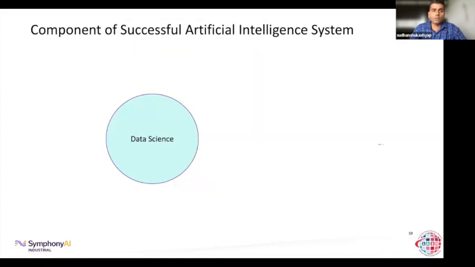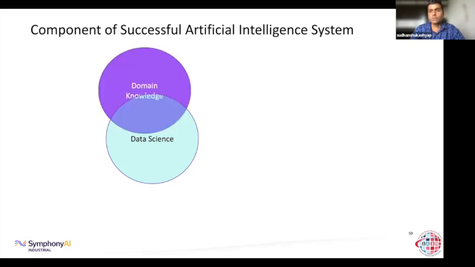So now, finally, at the end of the presentation, I would like to put together what are the really required components of a successful artificial intelligence solution. And we start with data science. Of course, you want to analyze data and build models, but you should never forget domain knowledge, because without that, it is not going to be successful.